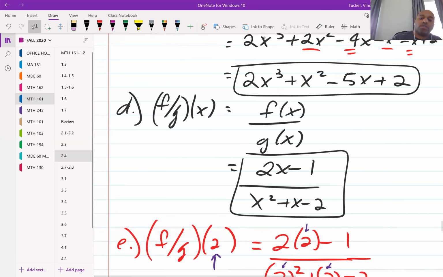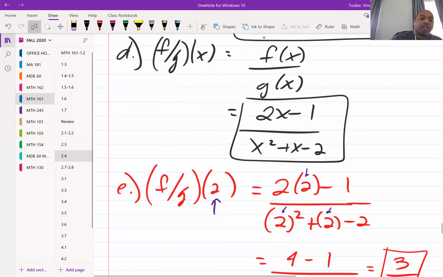All right, so also it is possible that they could put a number in for the variable, you know, f over g of 2. So if you were to put a 2 right there where x is, then all that means is that you will put a 2 wherever you see x in the function.